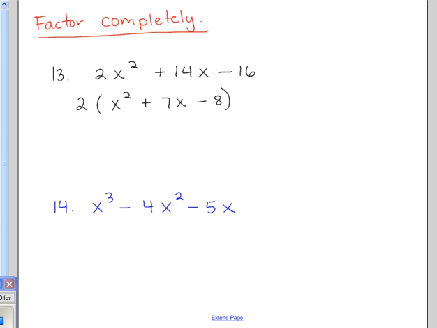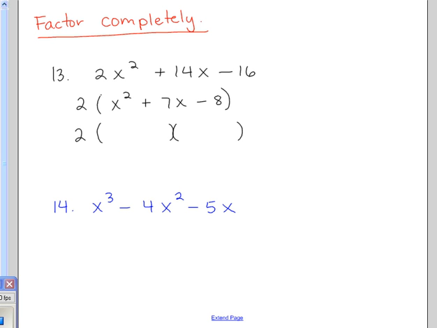Then I'm left with a trinomial in the parentheses that looks just like the problems that I've just finished working in the previous parts of this section. So the 2 will be brought down, and I'm going to want to break down this trinomial into 2 binomials. This is what's meant by factoring completely. Make sure you break the polynomial down as far as it will go.